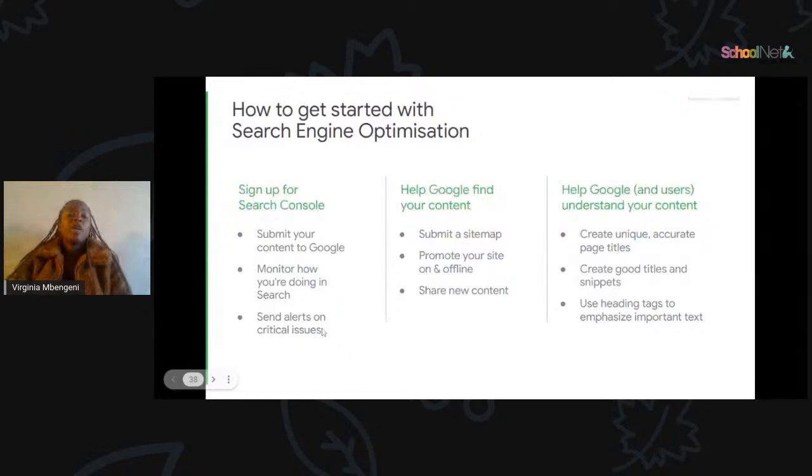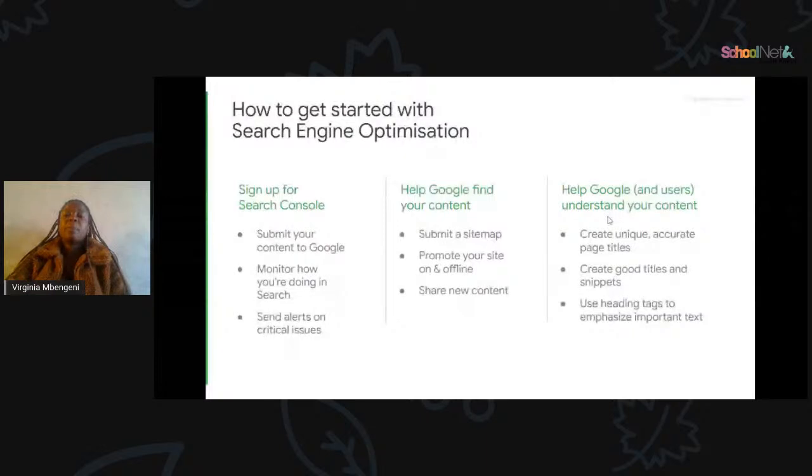Then you also help Google find your content. To do that, you need to submit a sitemap. You also need to promote your site on and offline, and share new content. And you also need to help Google and users understand your content.